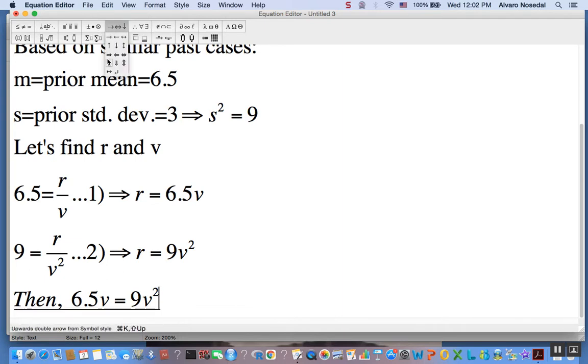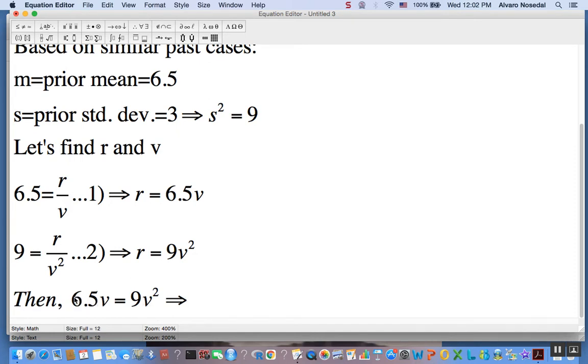What we could do is divide by V on both sides.